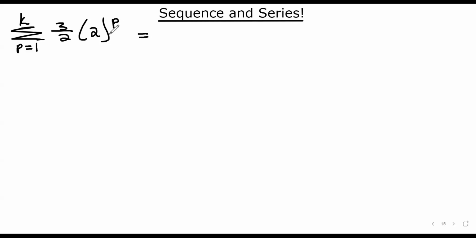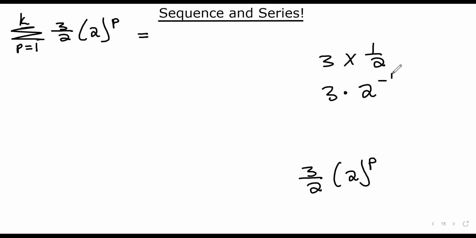Well, first and foremost, I actually want you to realize 3 over 2 times the 2 there, which is further raised to the p. This is how you can rewrite this. 3 over 2 is the same as 3 times a half, which in turn is the same as 2 to the negative 1. So now you further multiply this by that.